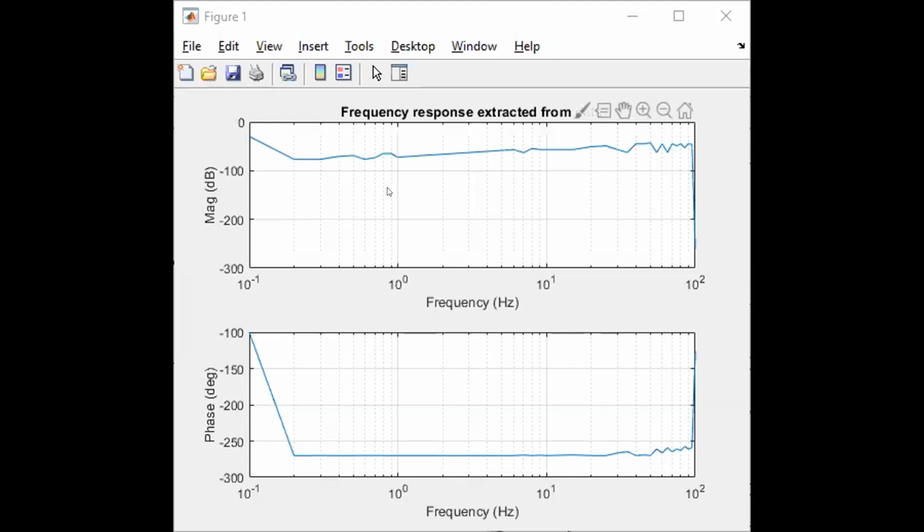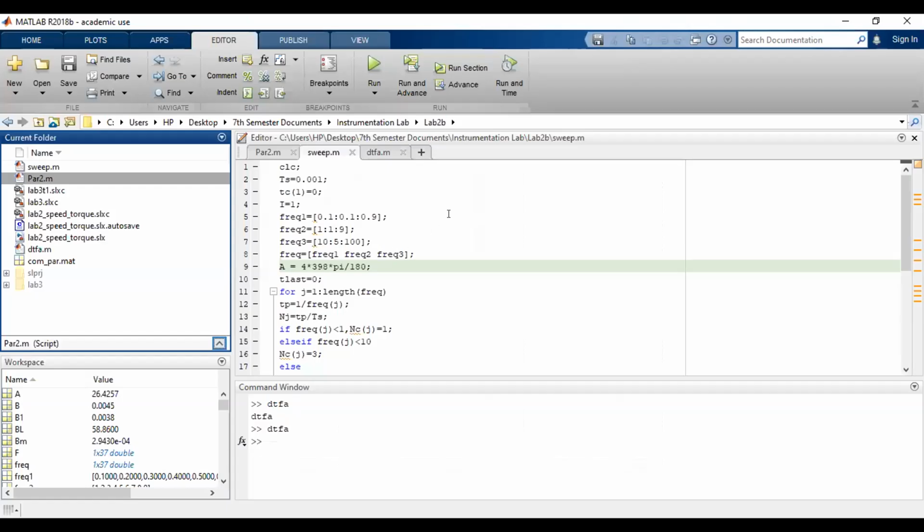You go to sweep.m. Sweep.m. We are not able to see. Share the screen, bro. One minute. Share screen, not window. Now? Yeah.